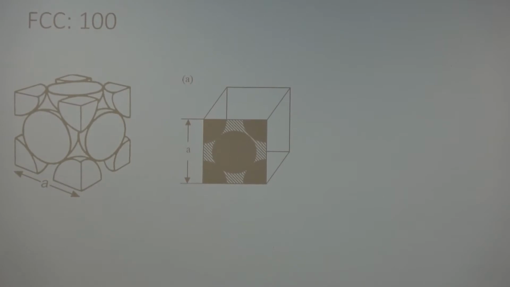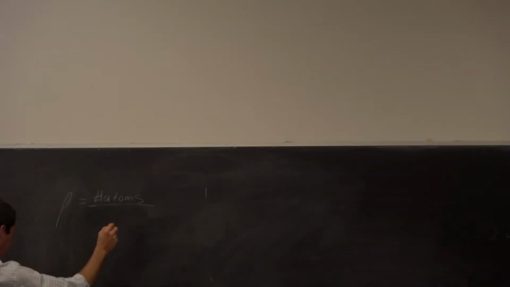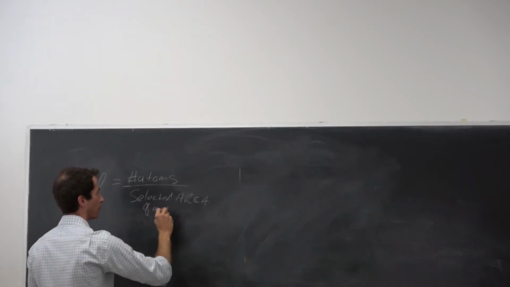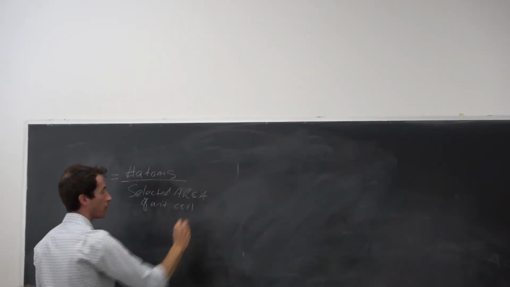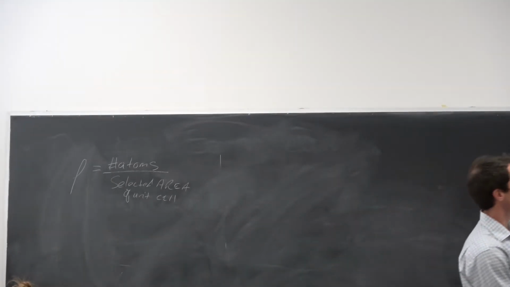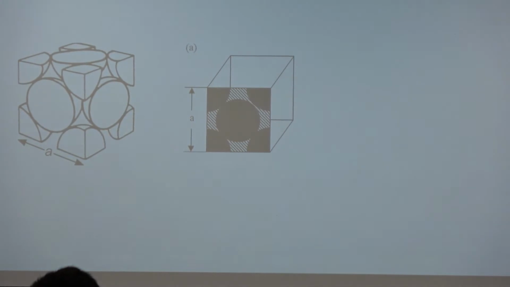Planar atomic density then is just the number of atoms per, what's the right way, per this like selected area of unit cell. So for here, we're always going to have the unit area be, what do you think? A squared, right?